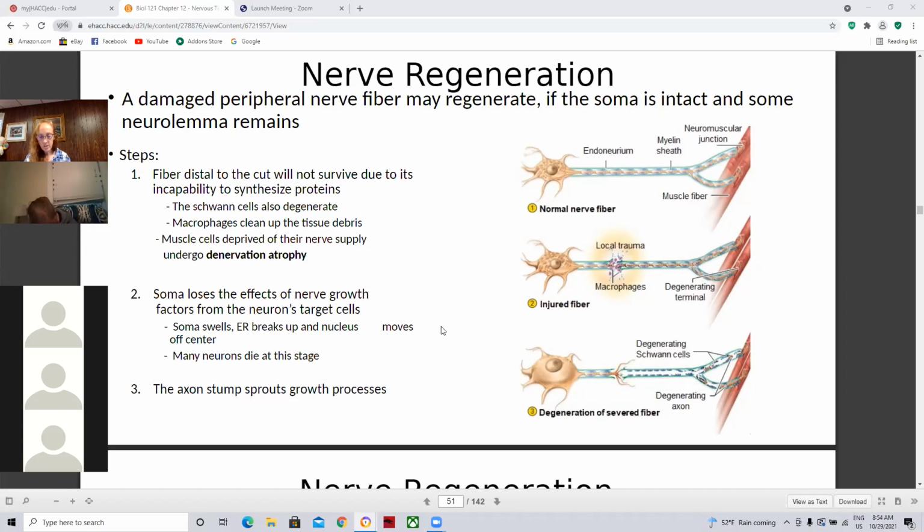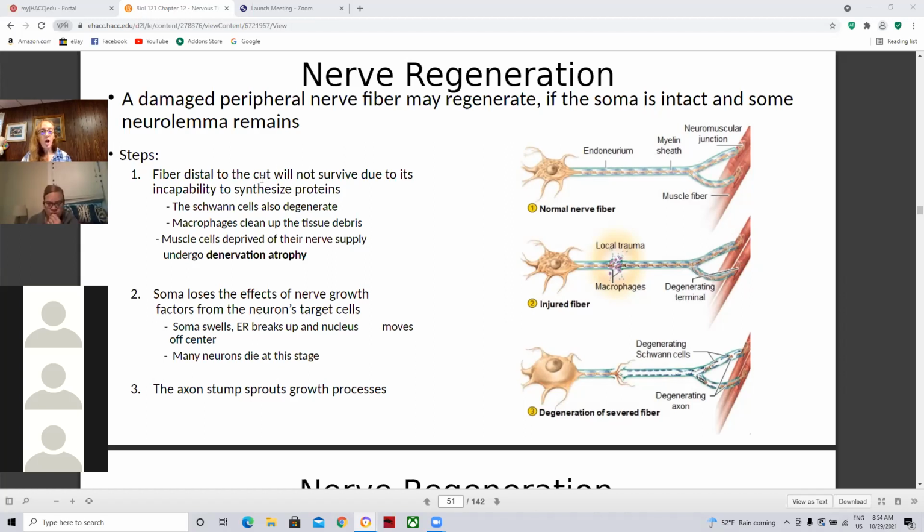What's the neurolemma we just went over a minute ago? So the neurolemma is the outer layer of the Schwann cell myelination. So the damaged peripheral nerve fiber can regenerate if the soma is intact and some neurolemma remains.